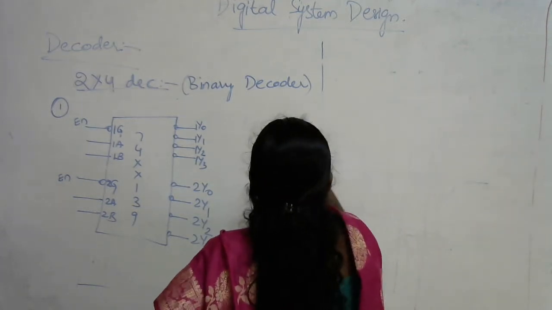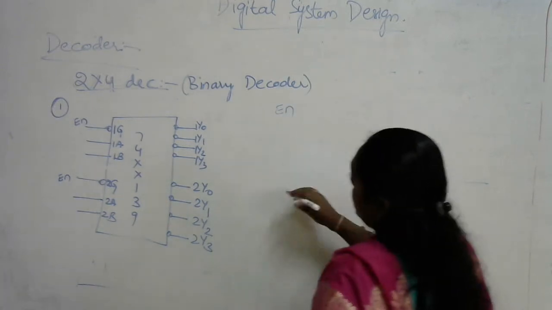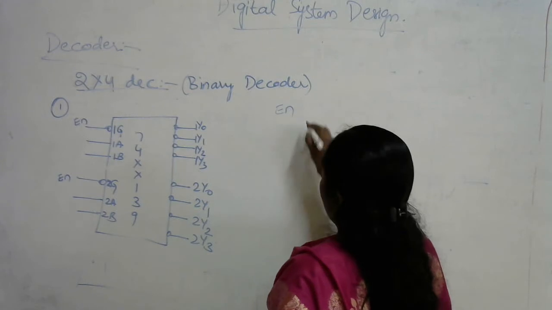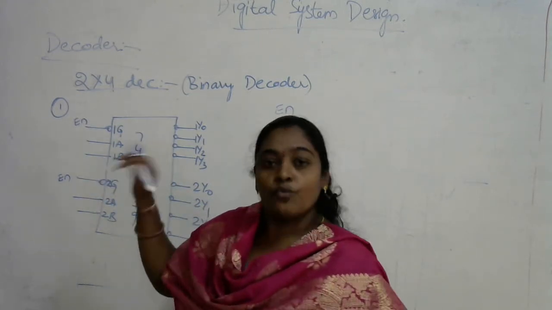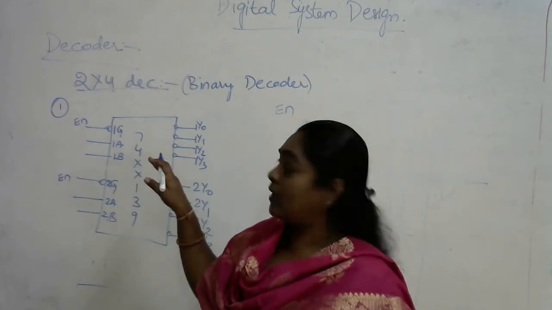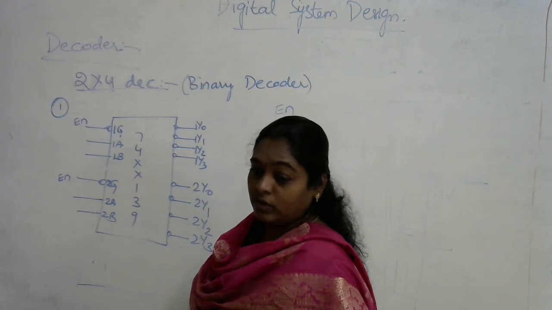so here first I'll be representing the inputs which is nothing but an enable, followed by, let me write down the truth table only for the one decoder circuit which is nothing but the first half decoder circuit if I want to represent.